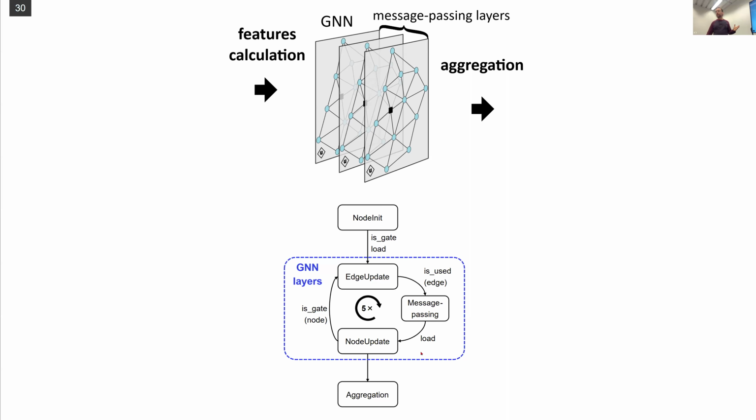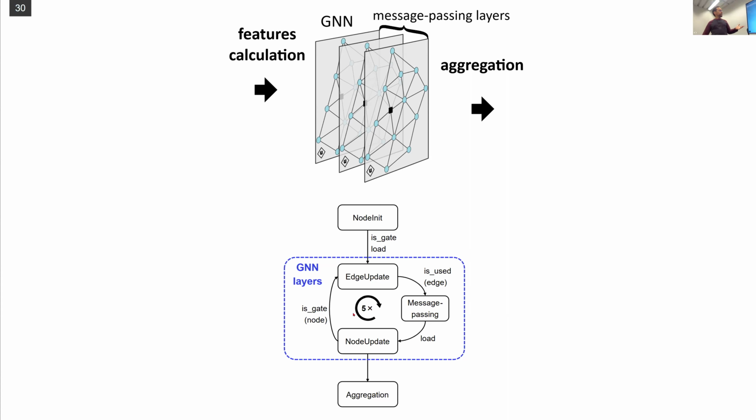And this is very physics-based, so I just did a feature for whether the edge is active or is used. And then the node is saying if it is a gate, which means if it is connected directly to the substation. With those two pieces of information, plus the circuit power conservation law, where the power arriving at a turbine is also the power leaving the turbine, I can get this updating converging to a particular configuration.